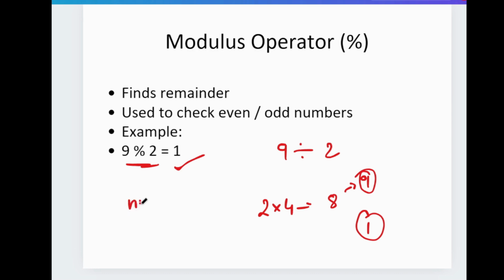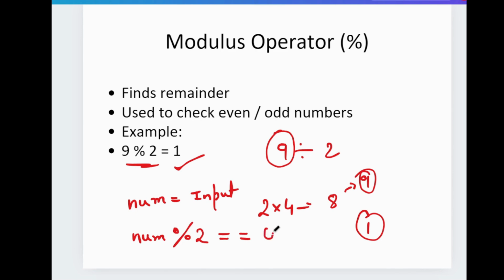Suppose num is the input, whatever the user is entering. So num mod 2, you compare with 0. Double equals is a comparison; we'll cover that. And we'll do a code on finding even. This is one of the questions which is being asked.